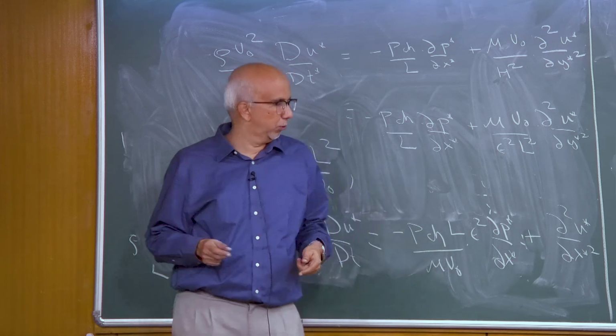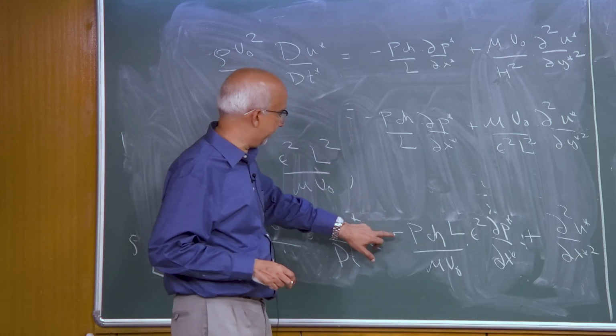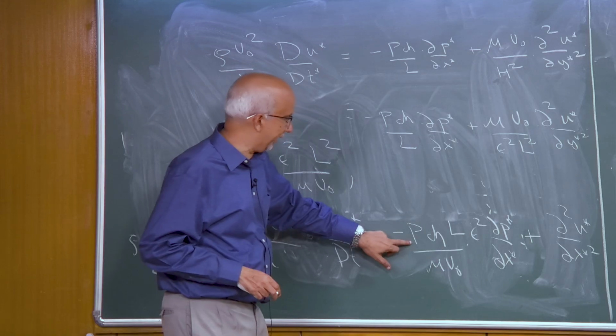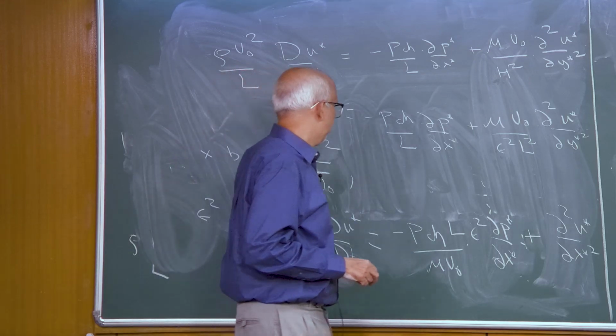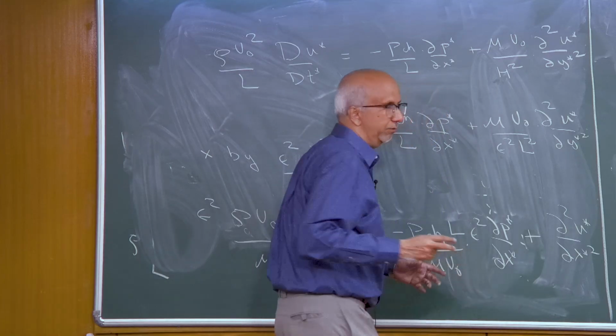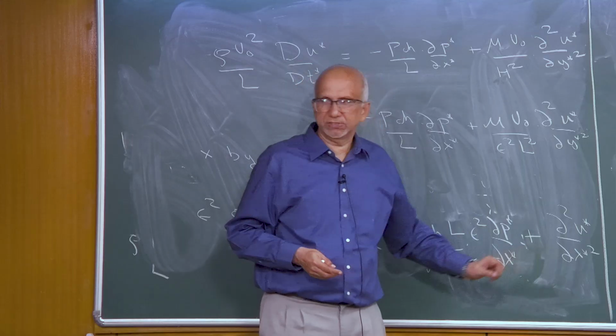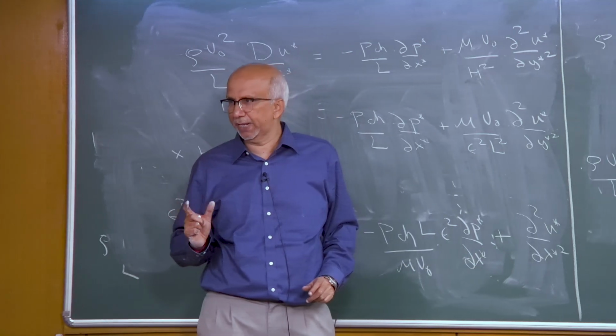The way I can choose my pressure characteristic, I want the pressure term, which is going to develop because of this flow, to balance my viscous term. That is one option that I have.